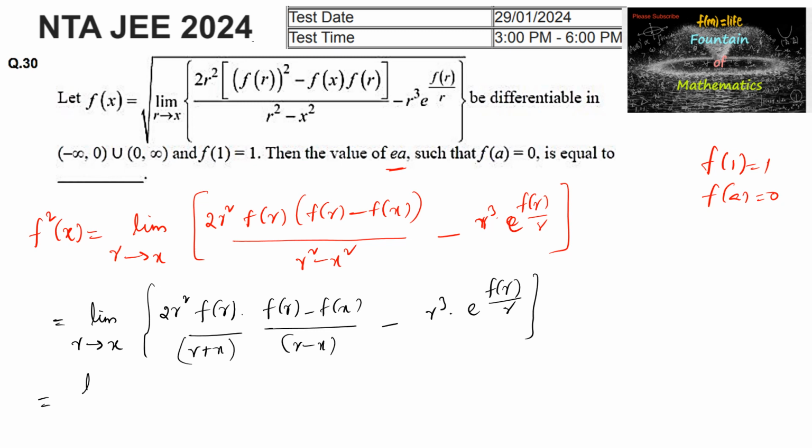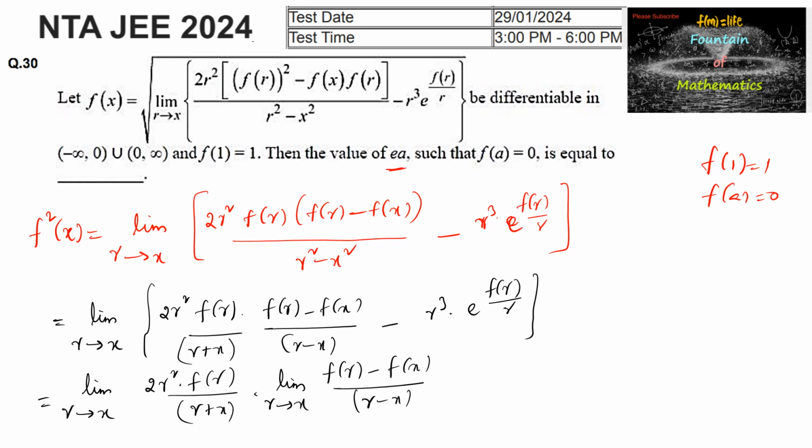Now let's separate. Limit r tends to x 2r square into f of r divided by r plus x into limit r tends to x f of r minus f of x divided by r minus x, minus, we can apply the limit again here, limit r tends to x r power 3 into e power f of r divided by r.